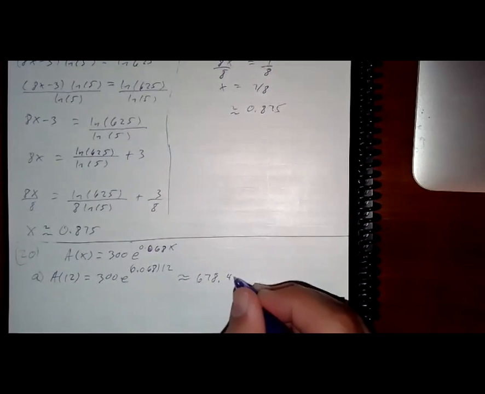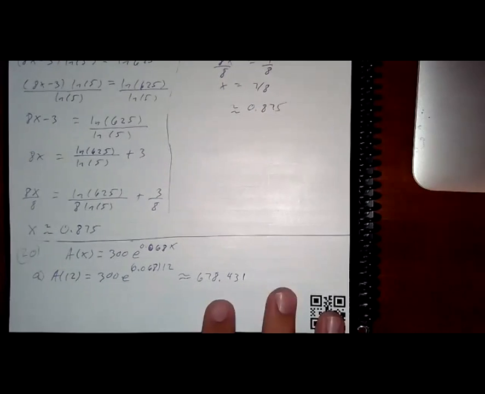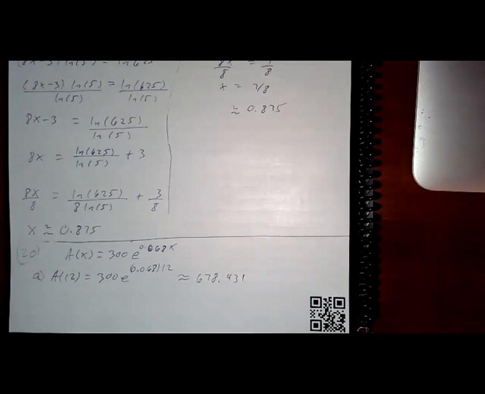That is approximately 678.431. So you'll do the same thing for B and C. Any questions on 20?